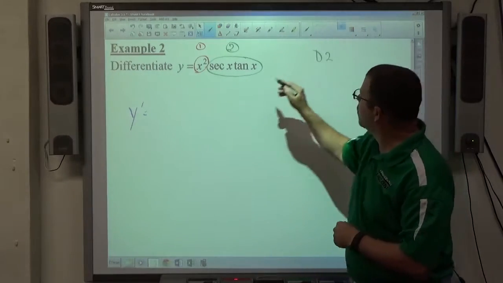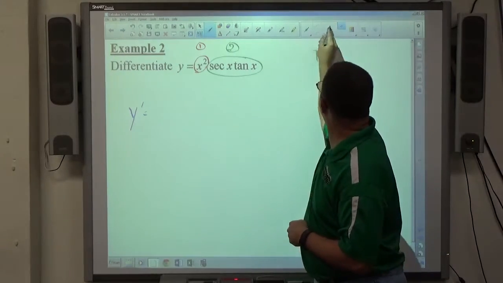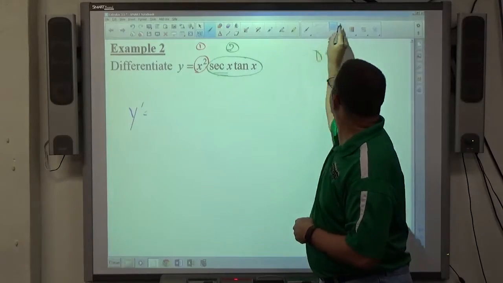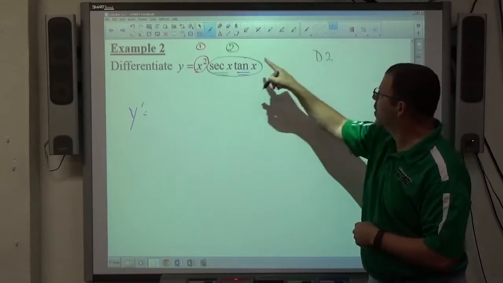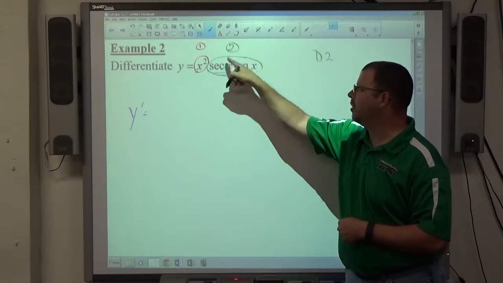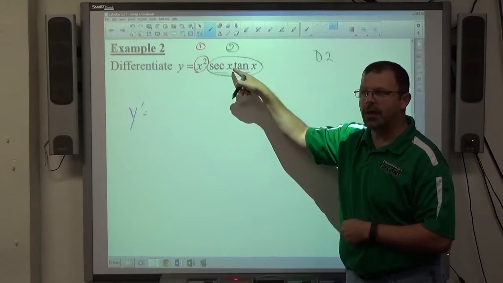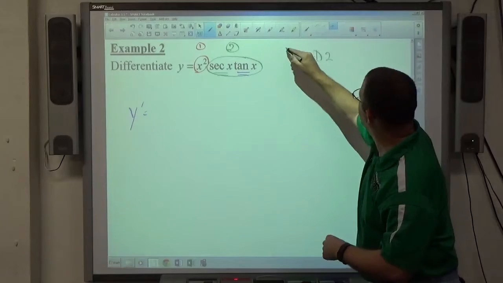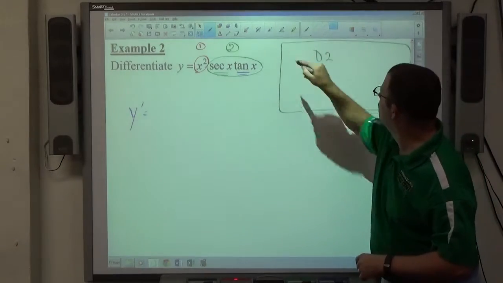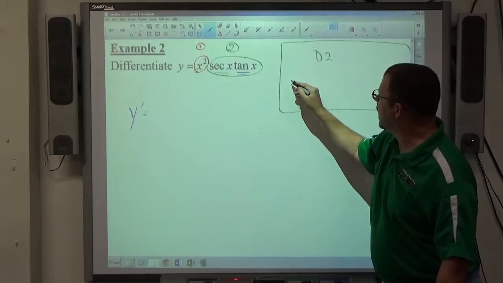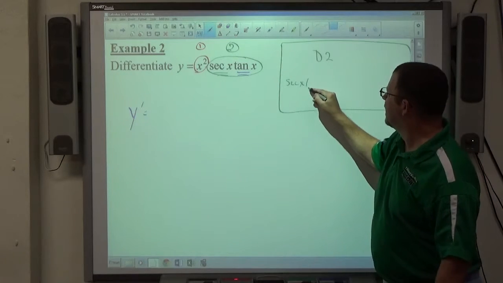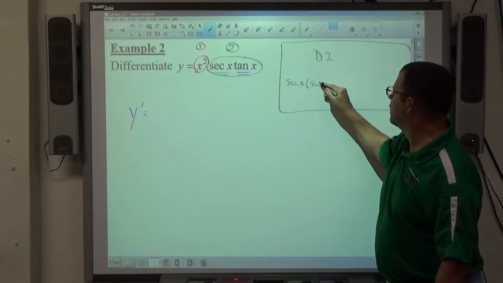So to do d2, I've got to have a function 1 and a function 2, right? Looking at d2, I've got to do 1d2 plus 2d1 for that piece. Just imagine d2 right here, I'll put it in this little box. If I do 1d2, I'm going to get secant of x times secant squared of x.